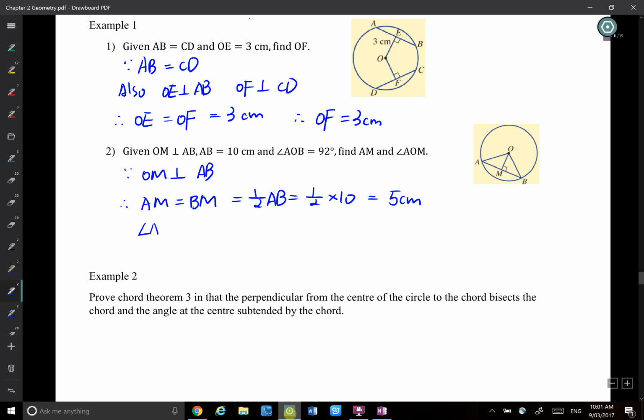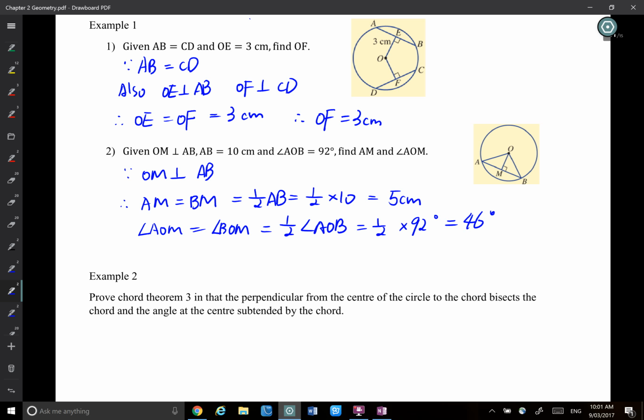And angle AOM must be equals to the angle BOM equals to a half of the angle AOB equals to a half times 92 degrees. That equals to 46 degrees. Therefore, AM equals to 5 centimeters, angle AOM equals to 46 degrees.